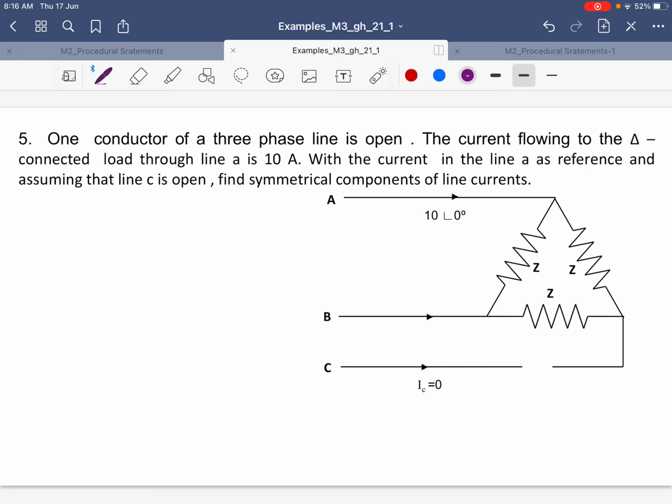It is a similar problem to example number 2, almost the same. Here, one conductor of the three-phase line is open. In this problem, you have to read very carefully. One conductor of a three-phase line is open, that is, a delta connected load with one line open.